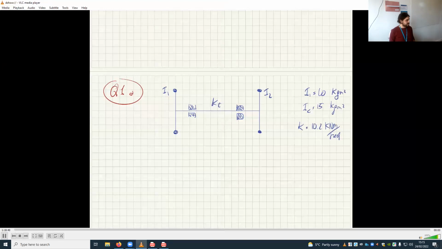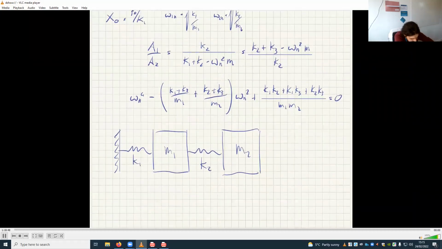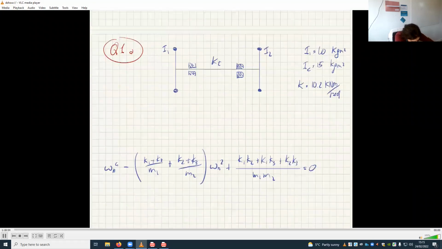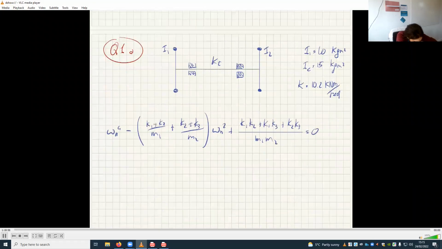Now, these are two masses attached by a spring, effectively. So you can just go here and use this one. And this one gives you K1 is 0.